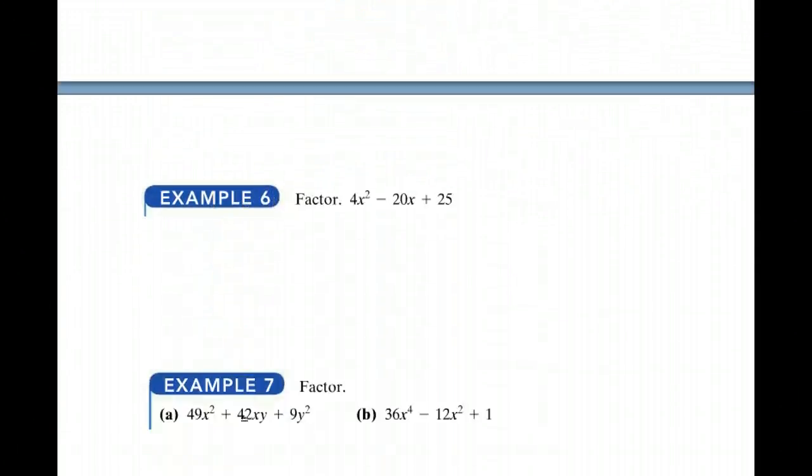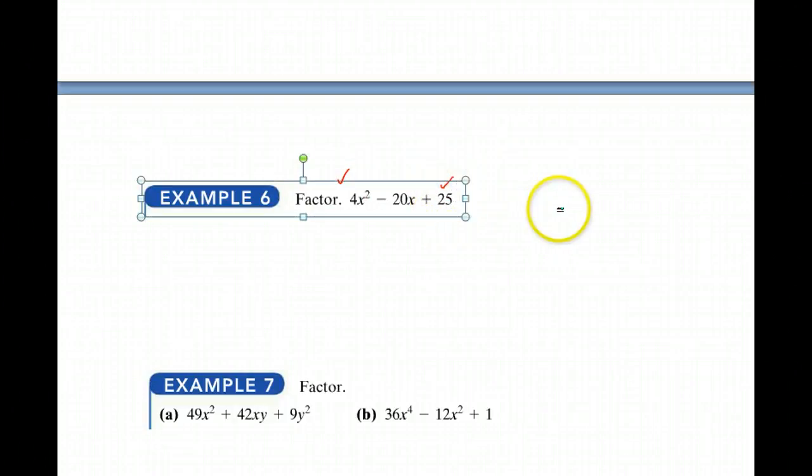Let's try example 6. Is our first term a perfect square? 4x squared is. Is our last term a perfect square? 25 is. So next, we take the square root of 4x squared and get 2x, and the square root of 25, which is 5.